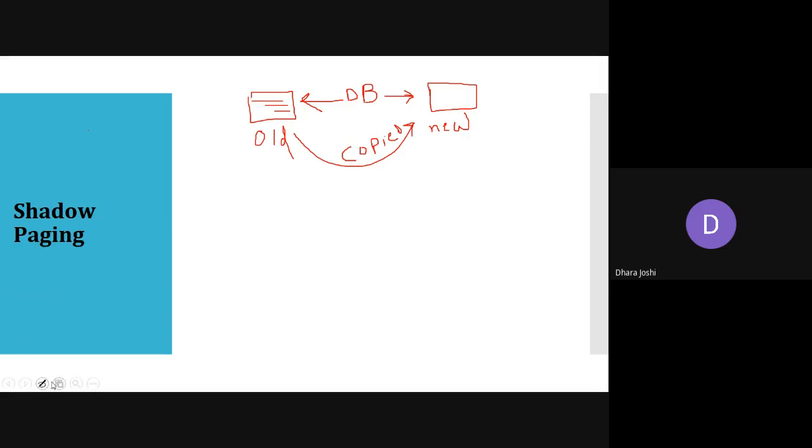Now we are talking about the page and we have the concept of shadow paging. At that time we were just dealing with a fixed number of blocks, but right now we are dealing with the page. If we have a disk here and these are all the different kinds of pages, we are talking about this page. This is page number 1, 2, 3, 4.